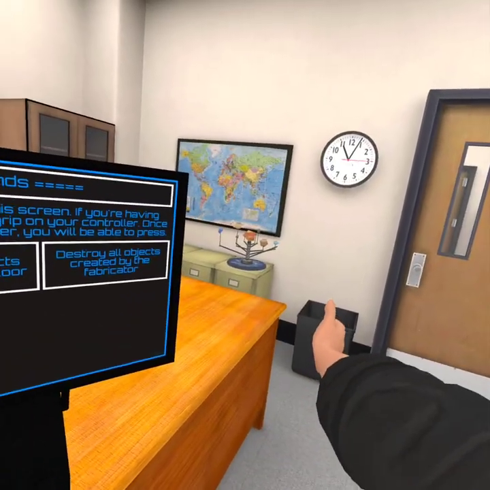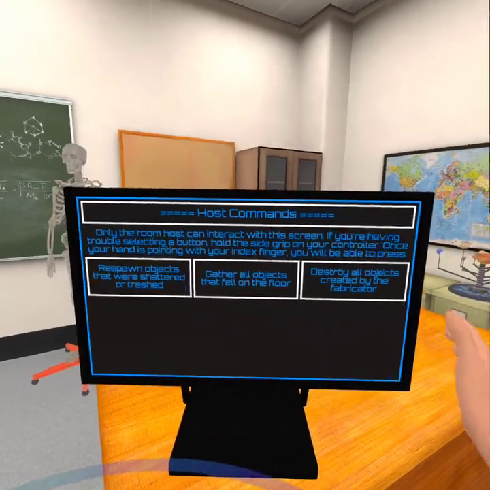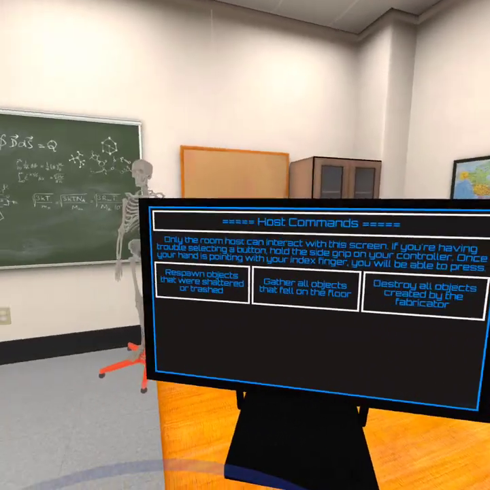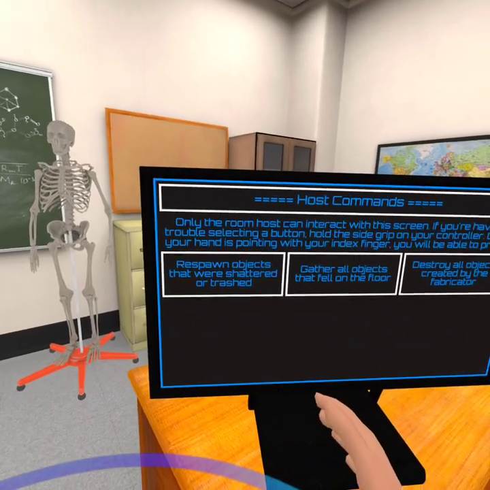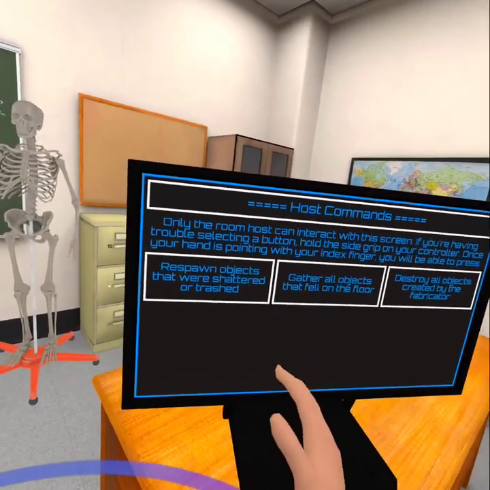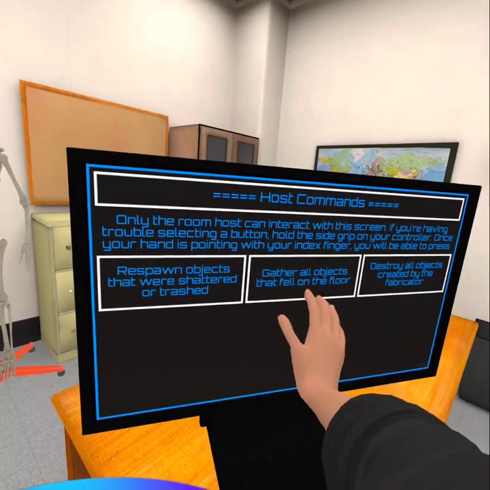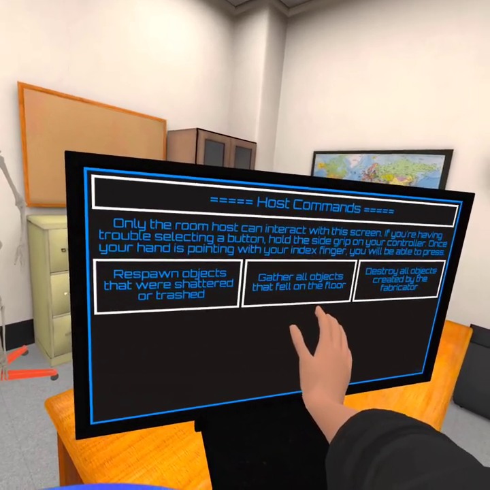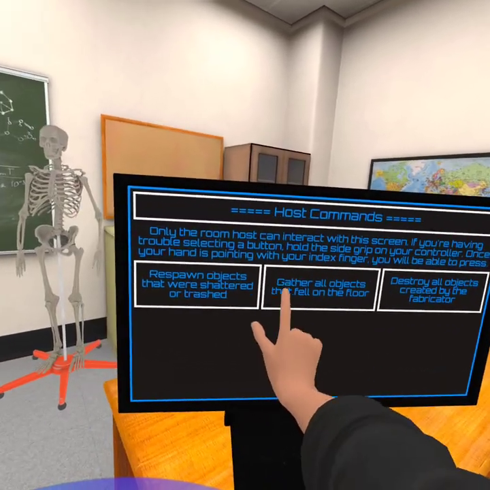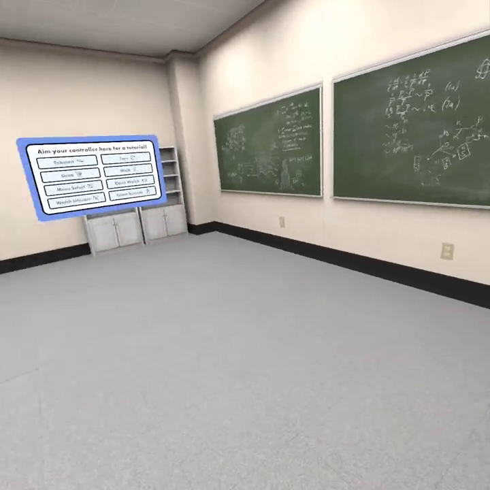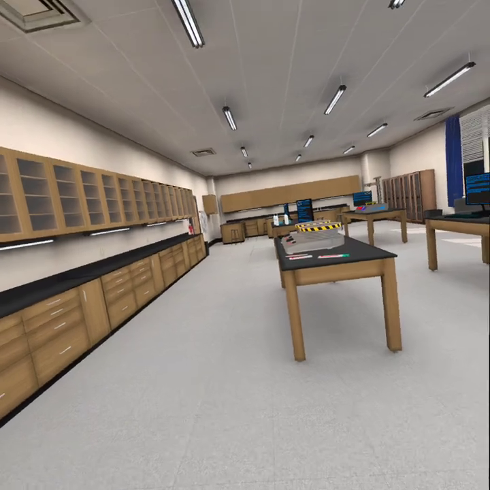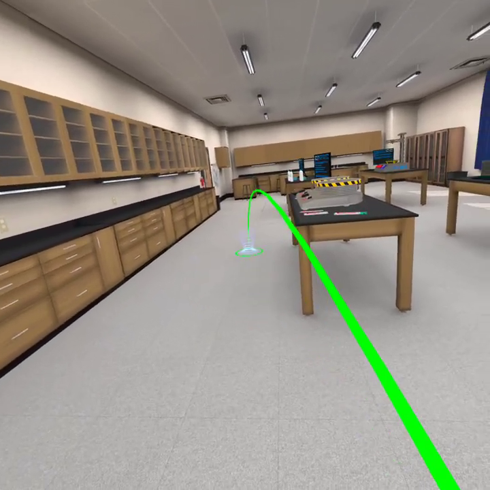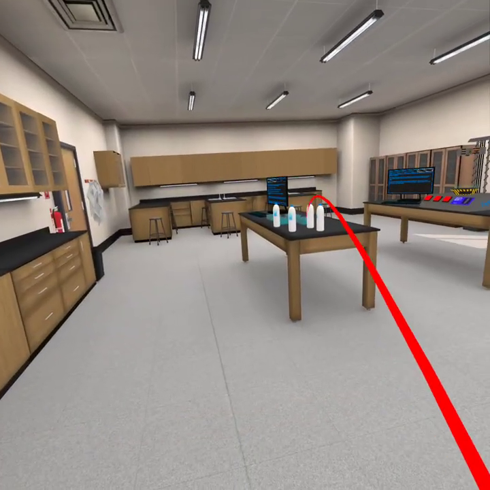So you can see the trash can there. If someone has trashed that, then you can regenerate that from here. But you cannot; I can do that because I have those commands as a teacher. So I will simply click now to gather all the objects that fell on the floor. Once I click here, you can see there's no ice cube tray left behind on the floor. Now everything is here.